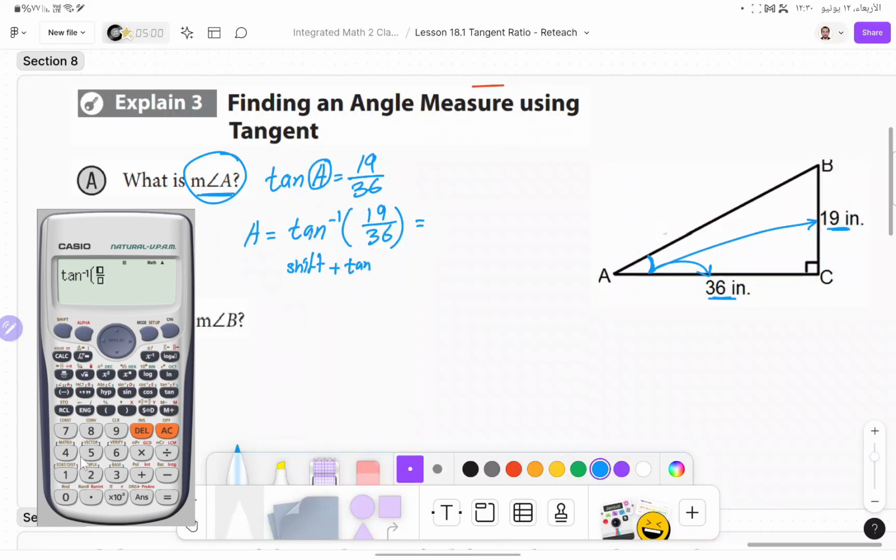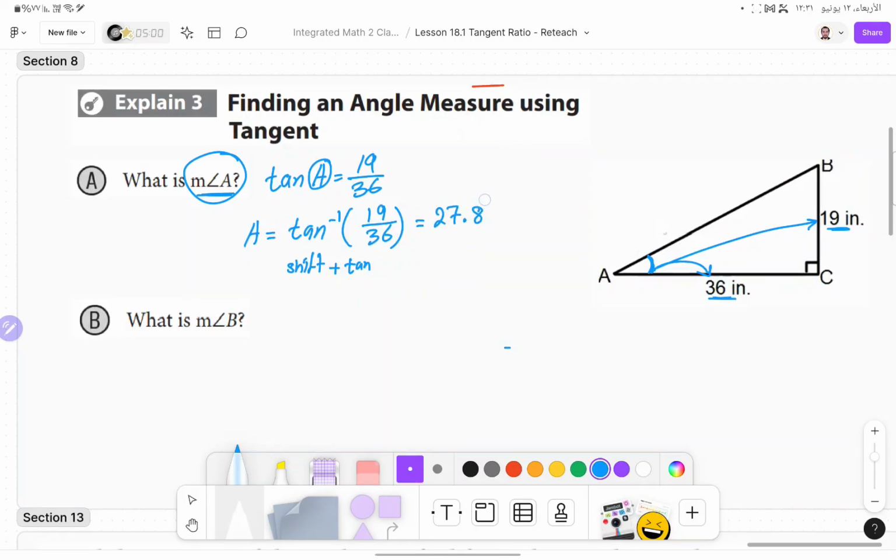Shift tan, the calculator will show it to you like this: tan to the power of -1, 19 over 36. Then you close your bracket, then you find the answer, which is equal 27.82. You can keep it 27.8, or you can round it to 28 degrees. So now angle A here is equal to 28.